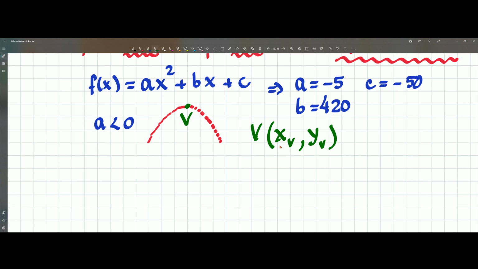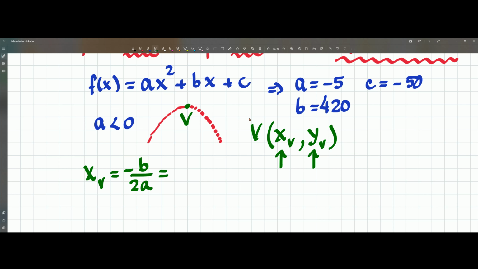Related to the x-axis, in this case, it represents the quantity, and y of v is the y-axis, related with the profit. What are the expressions of these two quantities? It's all related with the coefficients. Take a look. x of vertex is minus b over 2a.